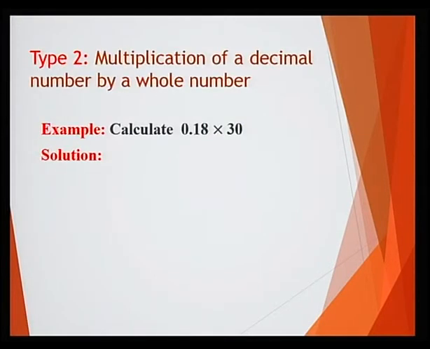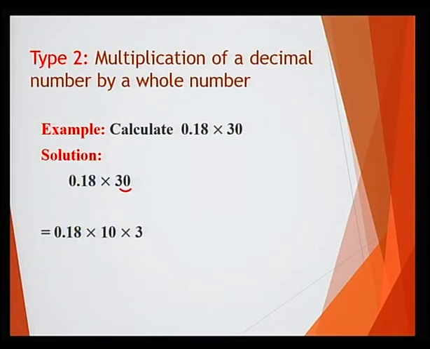Now, the second type, if I have to multiply a decimal number by a whole number. Let us consider this example. Calculate 0.18 times 30. So, 30 can be expressed as 3 times 10. I try to express the second number, 30, in terms of a multiple of 10 if it is possible.